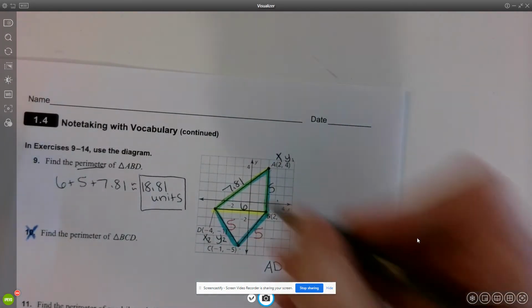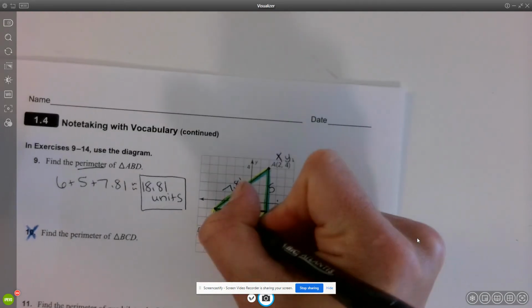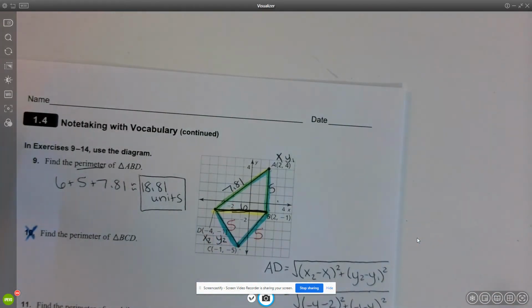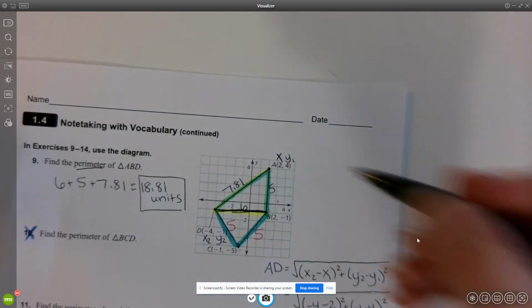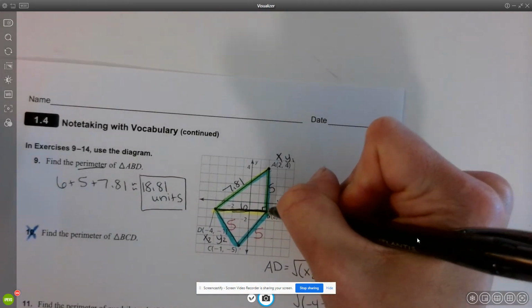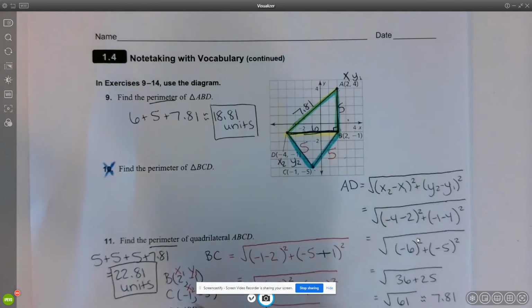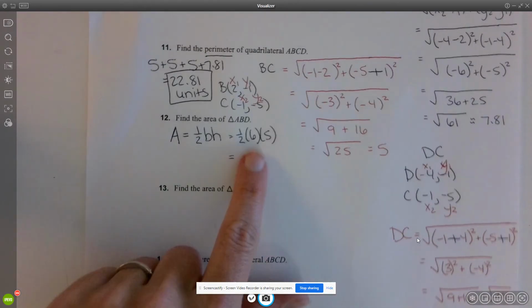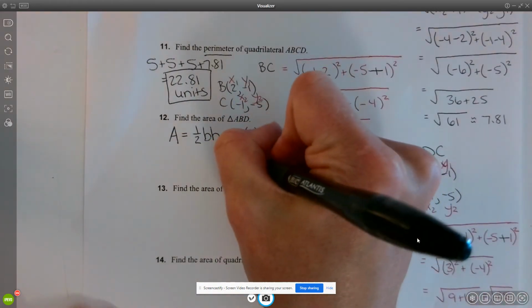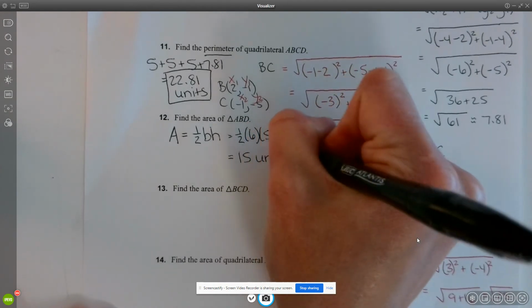The base is this flat part that it sits on. That has a length of 6. And the height of my triangle is 5. So the area, 1/2 times 6 times 5, is 15 square units.